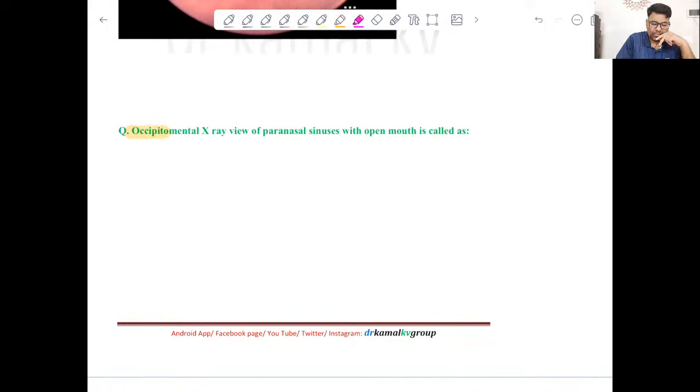Occipitomental X-ray of paranasal sinus. Now, there are two types: closed mouth or open mouth.